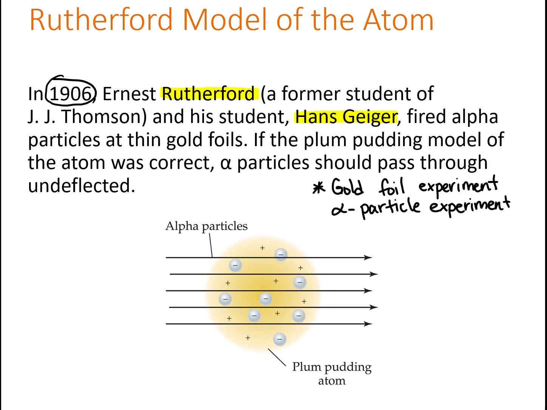What they did was they took a very thin gold foil and they fired alpha particles at this foil. And what they're trying to figure out is, is this plum pudding model correct, or should we keep thinking? If the plum pudding model is correct, then there would be a lot of empty space in the atom.